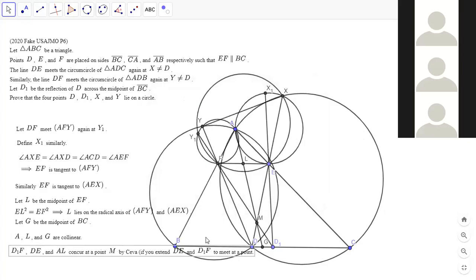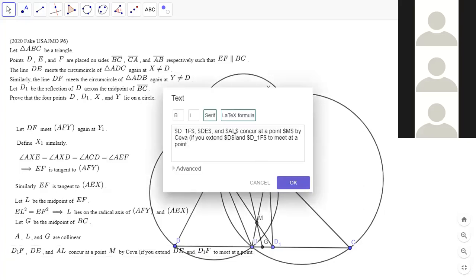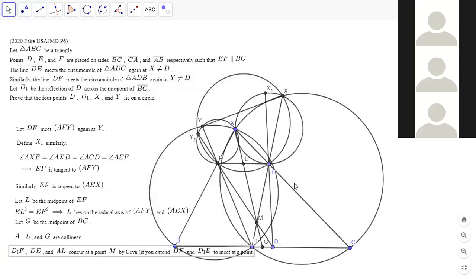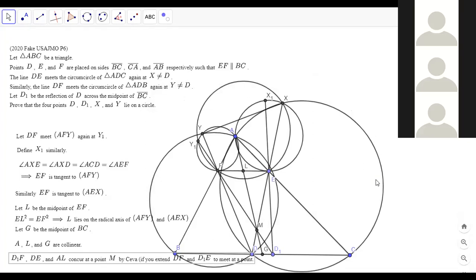And then it should be DF and D1E. Once we know that, we use power of a point to show EFXY1 is cyclic, because MX... so I still have to see kind of how that works.